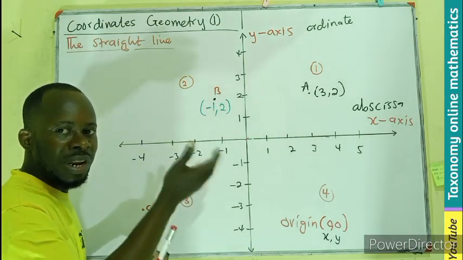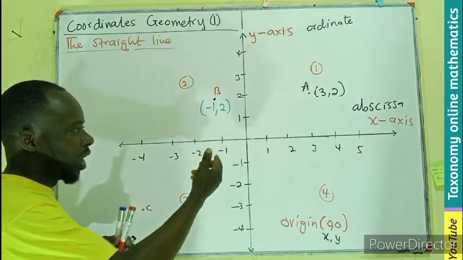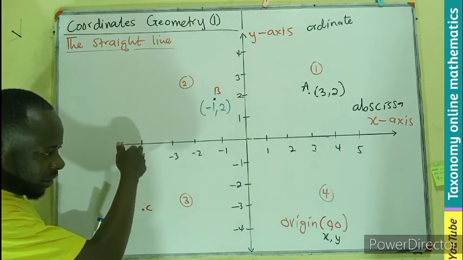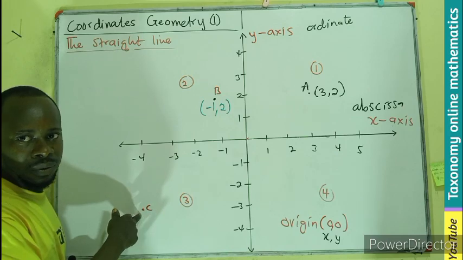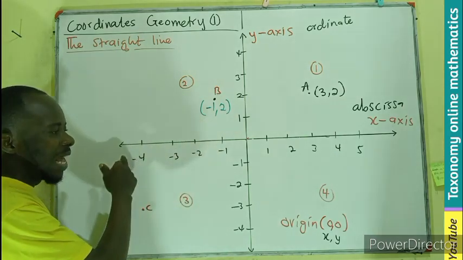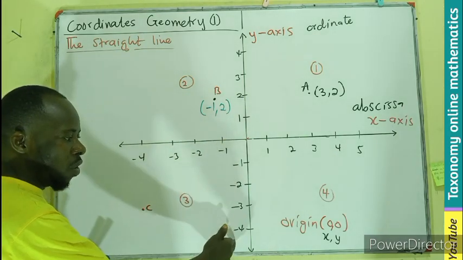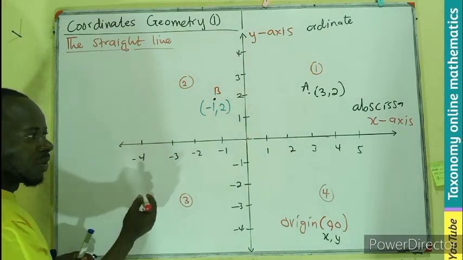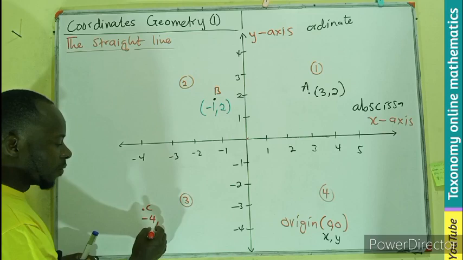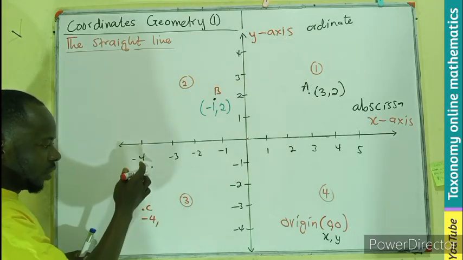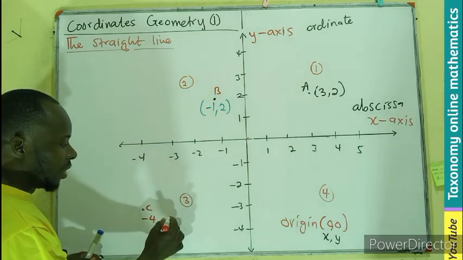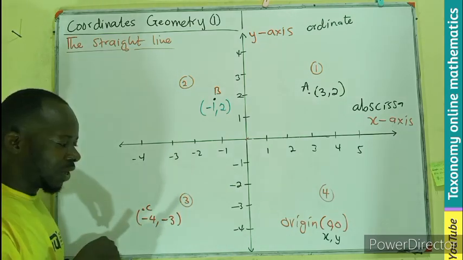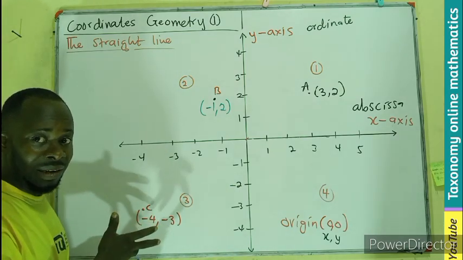As I am moving, I am just moving the space, the distance. So I am moving 4 units to the left, then 3 units down. Left on the x-axis, then down on the y-axis. So 4 units to the left will be -4. Then 3 units downwards is also going to be -3. So on the third quadrant, you can see both axes are negative.